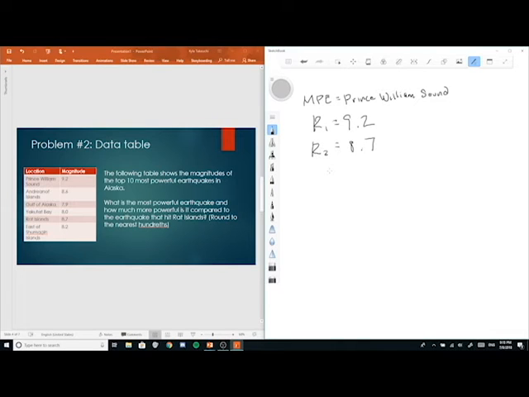What we would do from there is apply the same equation. So that would be 9.2 minus 8.7, which is equal to the log of a1 over t plus b minus the log of a2 over t plus b. That's a plus. Oops.